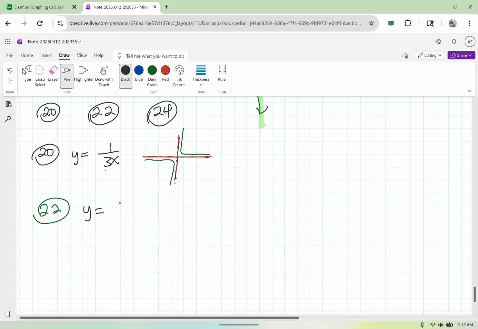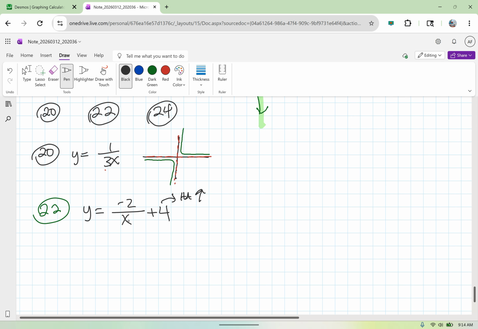Okay, now we have a negative. We have a -2 divided by x plus 4. The 4 is going to cause this, my horizontal asymptote, to be 4. The whole thing is going to shift up. It's going to translate up 4. The 2 is going to dilate it. The negative is going to reflect it, flip it.